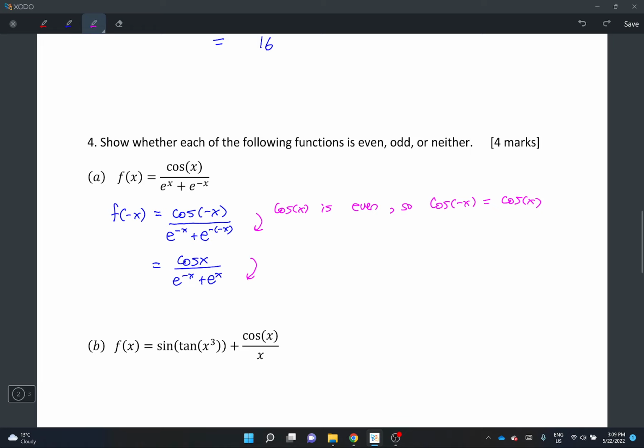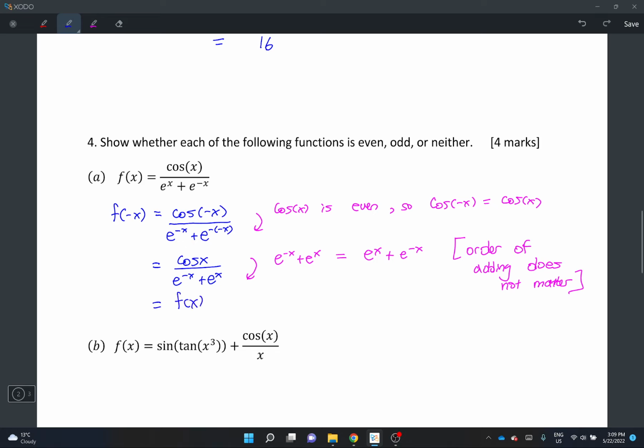Another comment is that e to the negative x plus e to the positive x is the same thing as e to the x plus e to the negative x. Just order of addition does not matter. It makes no difference how you add things. So this is just f of x.